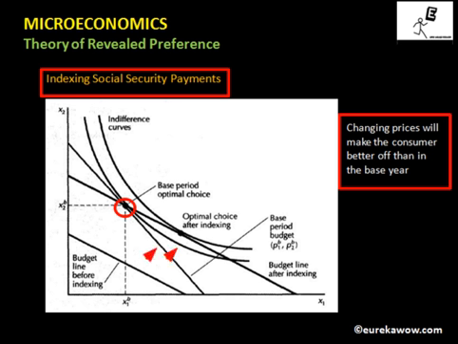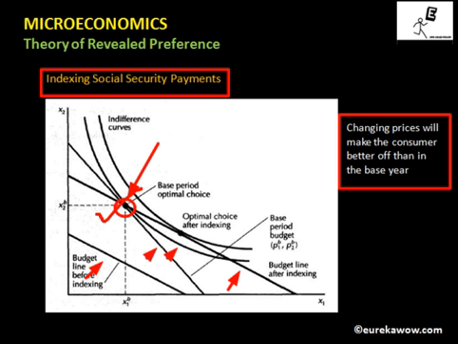Now the new budget constraint was this before indexing, and after indexing it became this. Indexing was done in such a way that the original bundle is just affordable. So as you can see, the new budget line after the indexation passes through the initial bundle x1, x2.